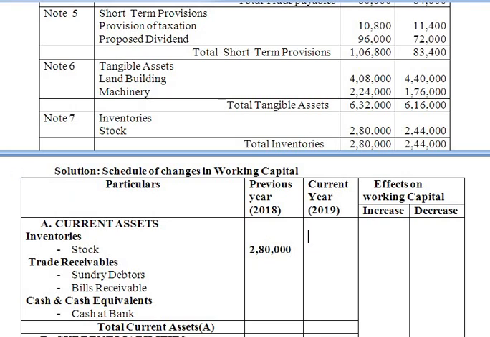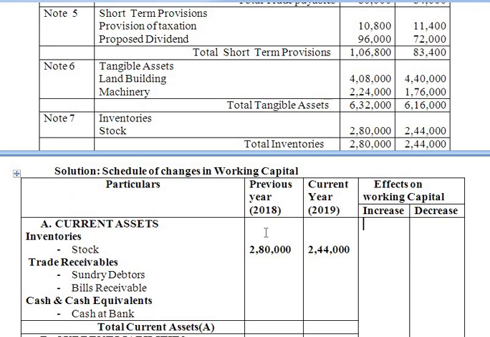Next, what about 2019? It is 2,44,000. Now is there an increase or decrease in stock? There is a decrease in the amount of stock. How much decrease? 36,000.